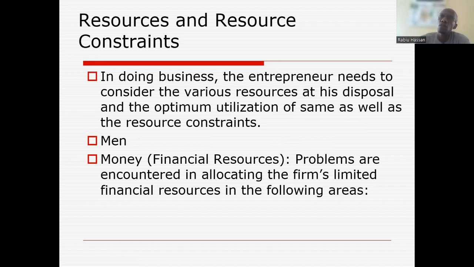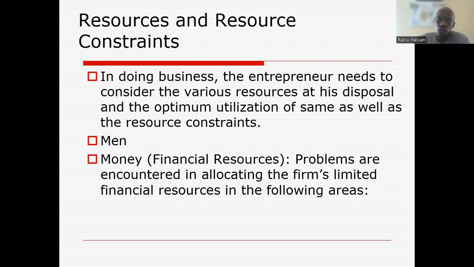So it is very important for somebody to be mindful of how to manage his resources effectively, because failure to do that may result in a waste and add more cost to the business. So in doing business, the entrepreneur needs to consider various resources at his disposal and the minimum utilization of same, as well as the resources constraint.